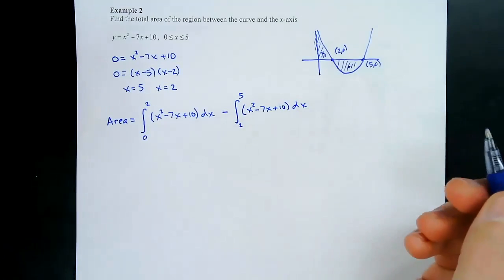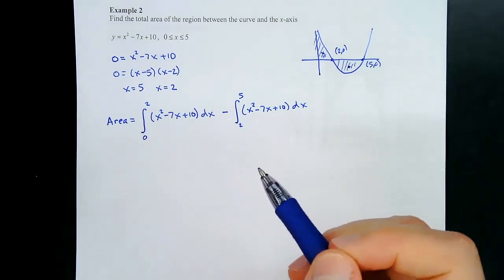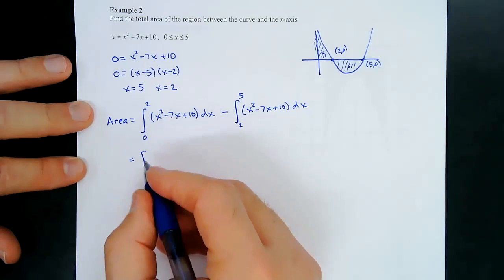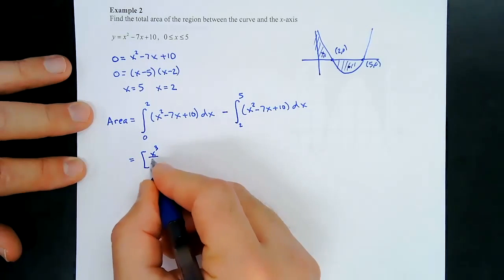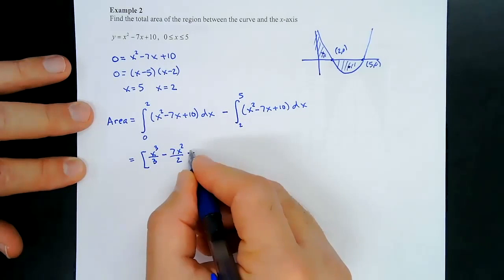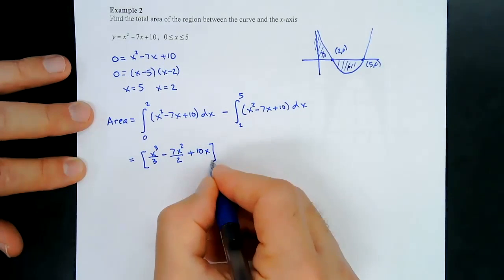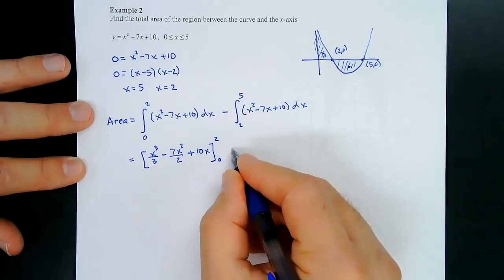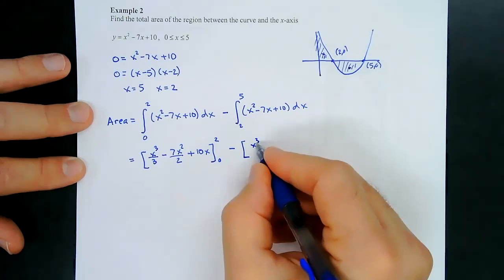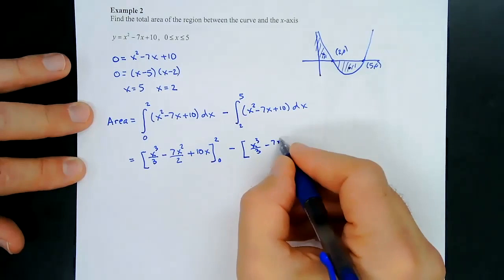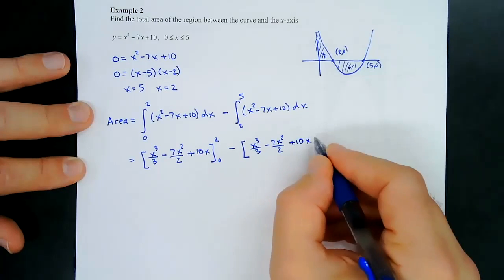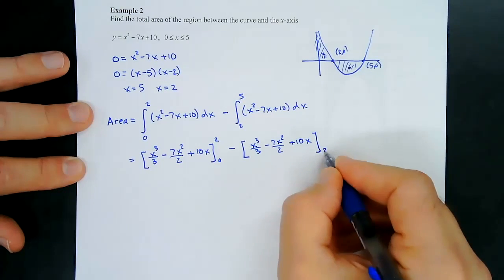And once again, this is nice because these are the same antiderivative, okay? So here we go. The antiderivative would be x cubed over 3 minus 7x squared over 2 plus 10x, and we're going to evaluate that from 0 to 2, and then subtract the same antiderivative, so x cubed over 3 minus 7x squared over 2 plus 10x, and then close the bracket, and then from 2 to 5.